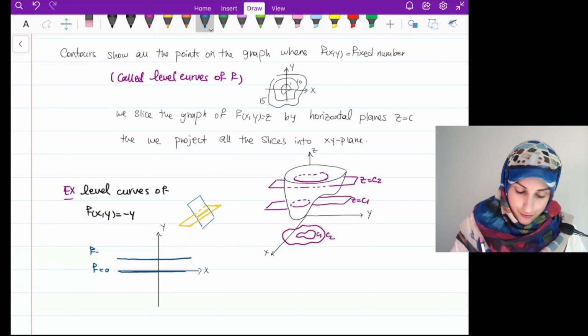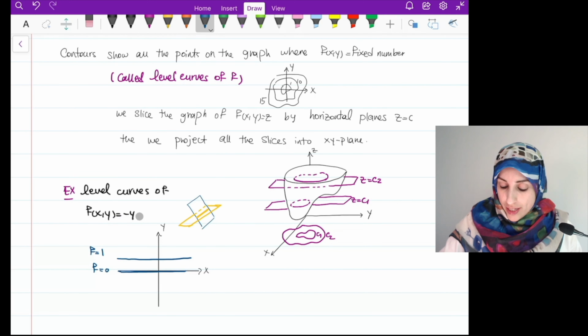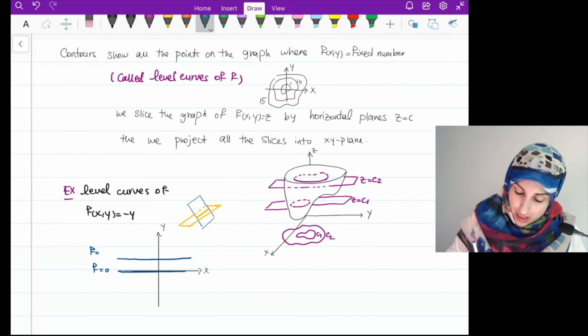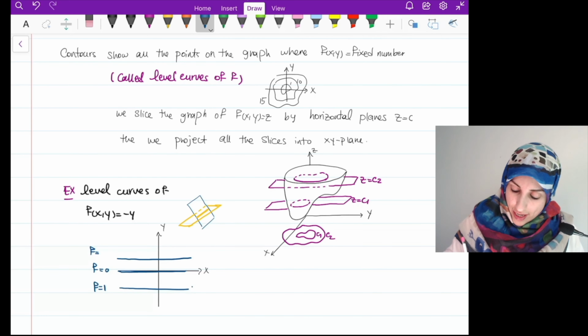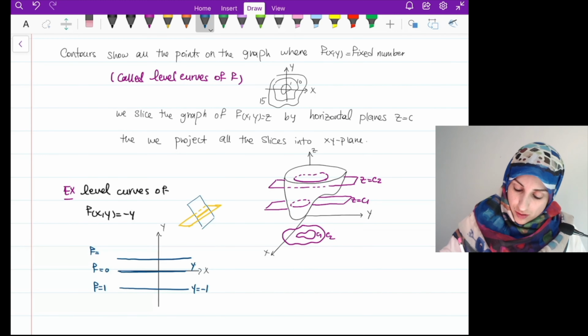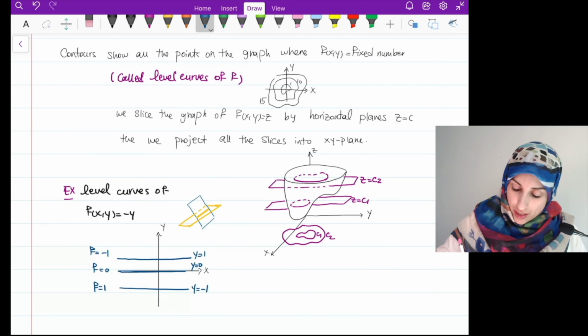So for f equals 1, you see when f or z equals 1, I get y equals -1. So this is f equal to 1, the line y equals -1. When f is equal to 0, I get y equals 0. When f is equal to -1, I plug in -1, I get the line y equals 1.